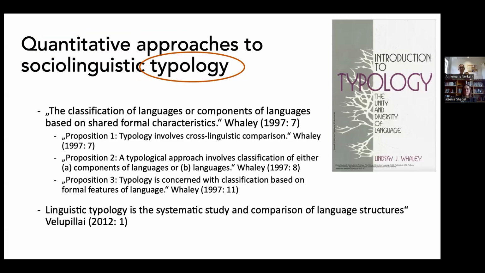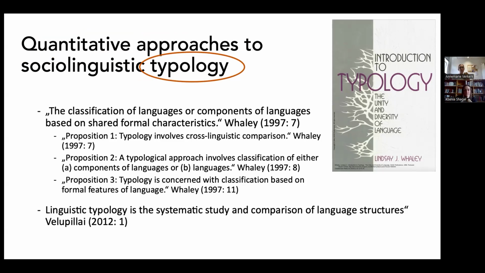Typology is the classification of languages or components of languages based on shared formal characteristics. So this means that typology involves cross-linguistic comparison. It means that a typological approach involves classification of either components of languages or entire languages, and that typology is concerned with classification based on formal features of language.